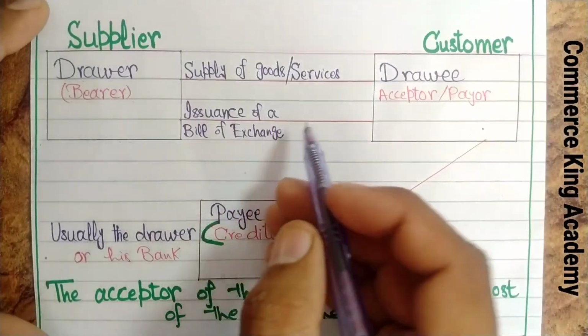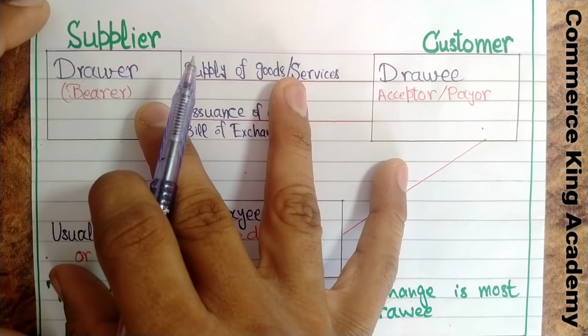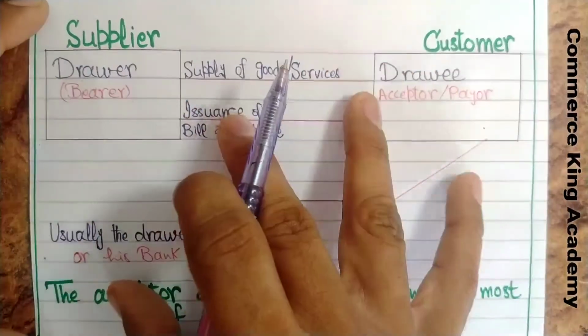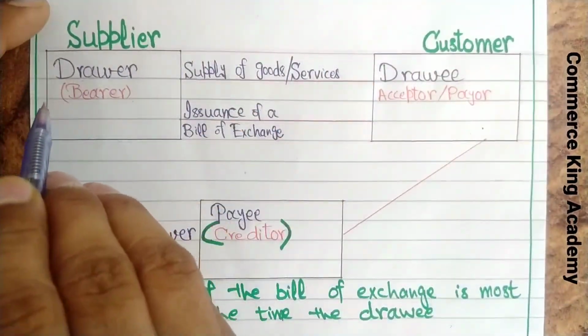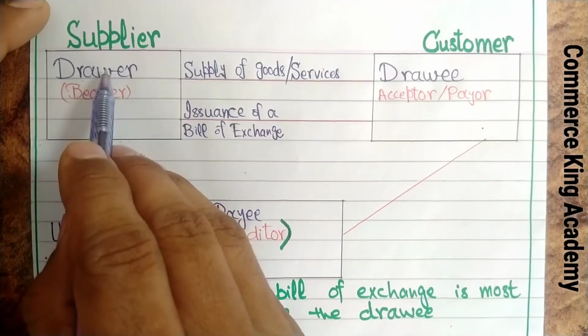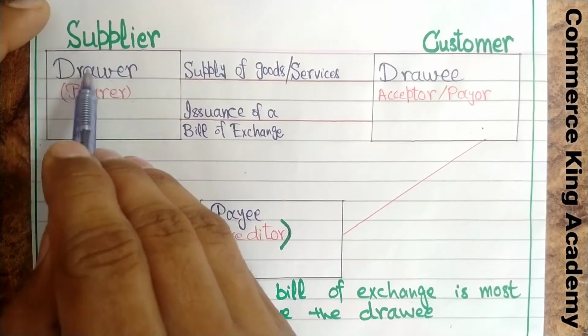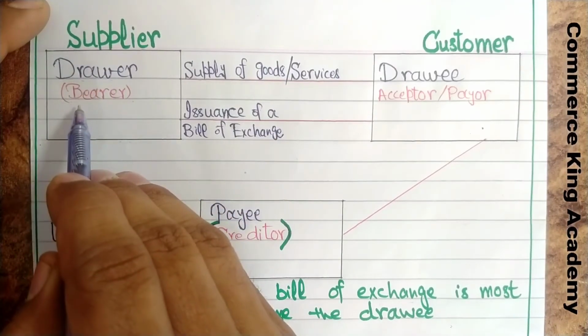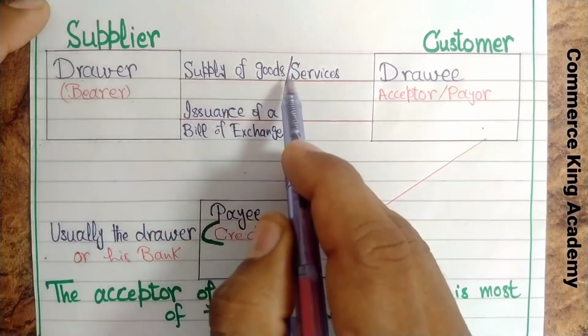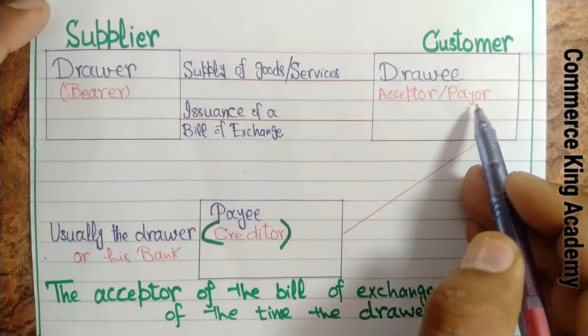After attaining the short concept about acceptance, now you can clearly understand acceptance with the help of this diagram. You already know that this is the drawer, bearer, supplier. In the last discussion, the drawer is the supplier, the person who supplies the goods or services to the customer, the drawee, who accepts or pays.